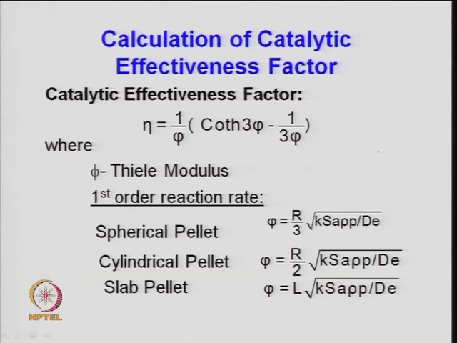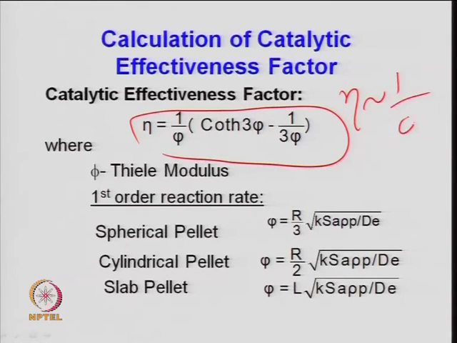Simultaneously, for internal diffusion, you need to look at the effectiveness factor. We have already discussed this. In general, when you have a diffusion limitation, eta goes like 1 upon phi, the Thiele modulus, as you have seen for different cases. So phi is related to your size.